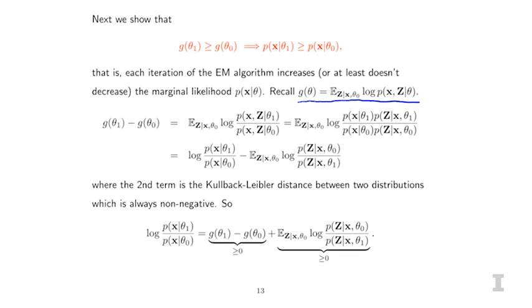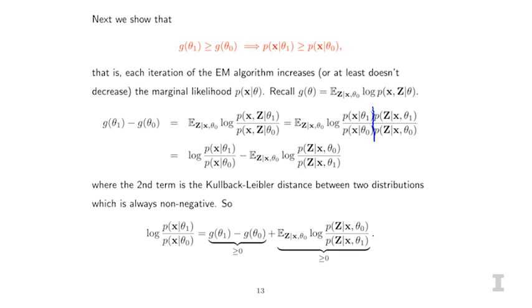And then we're going to factorize this joint of x and z as the marginal of x and the conditional of z given x. And we will always carry theta around because theta is the parameter for those distributions. Then we break this big term inside the log into a product of the term on the left of this bar and the term on the right of the bar.